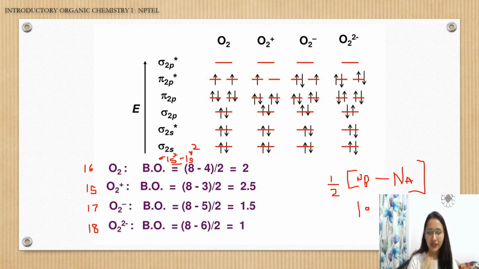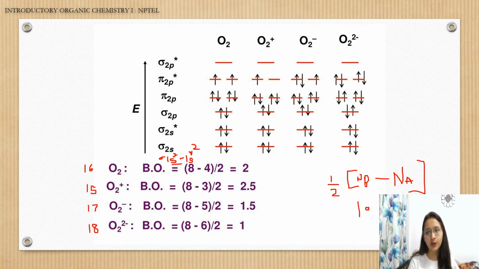How many anti-bonding electrons are present? Sigma 1s star is anti-bonding. Six electrons are there. How? Sigma 1s star has 2 electrons, sigma 2s star has another 2 electrons, and sigma 2p star has another 2 electrons. So 2, 2, 2 is equal to 6.